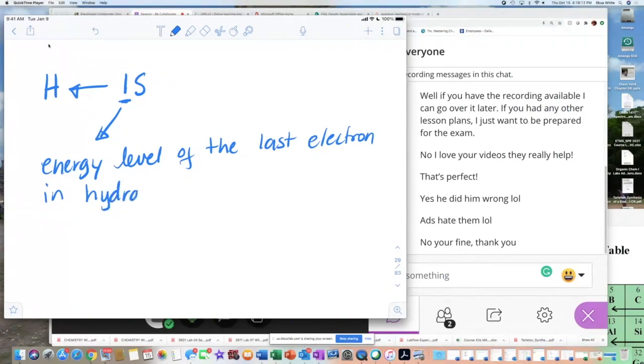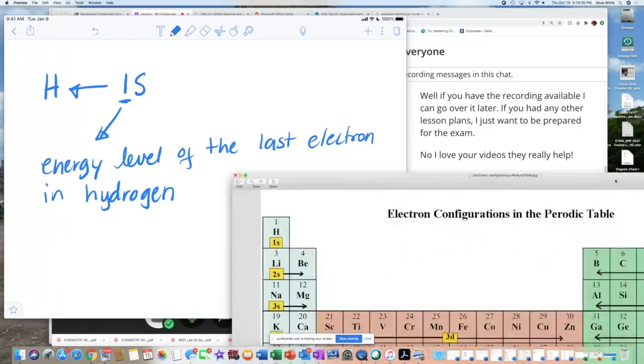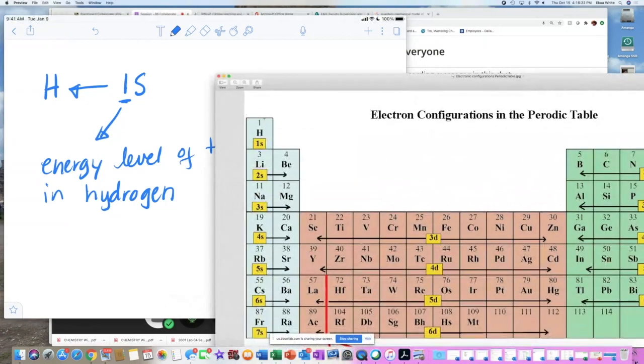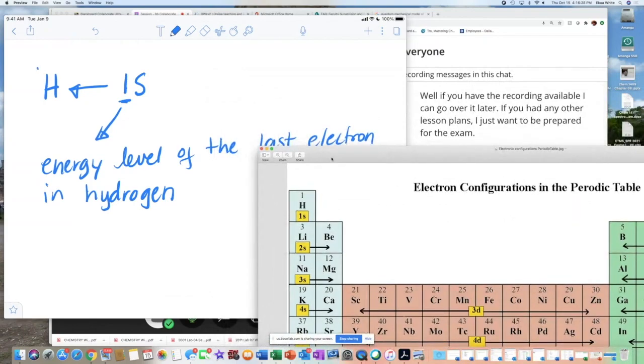You kind of need to bring in a lot of information, because you're asking, by the way, how many electrons does hydrogen have? I'm going to pull this up, because I think they have the atomic number here. You see the atomic number here? This is 1. Hydrogen only has 1 electron. So all we're saying here is this 1 represents the energy level of the last electron, which technically is the only electron in hydrogen.